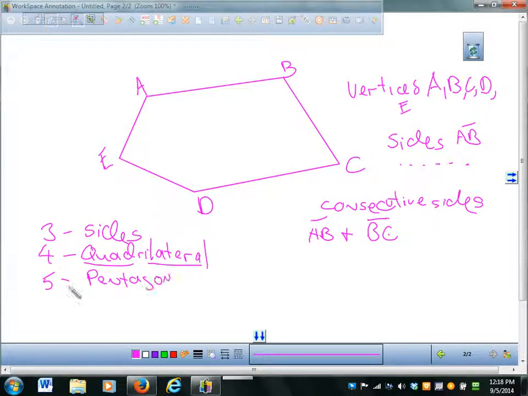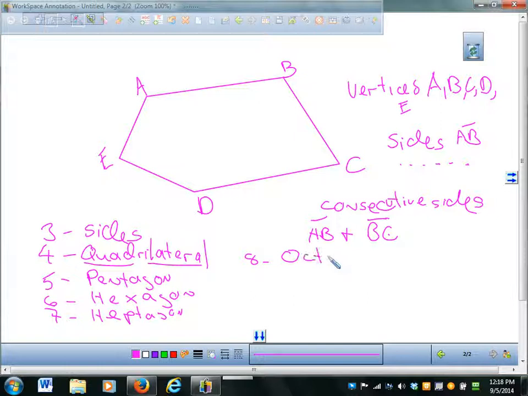Pentagon is 5. Hexagon is 6. You guys know all this, right? You guys know what a 7 is? I think they call it a heptagon. Heptagon. 8, you guys know? What's 8? Stop sign. Excuse me. 8 is called an octagon. Stop signs are octagons. Okay.